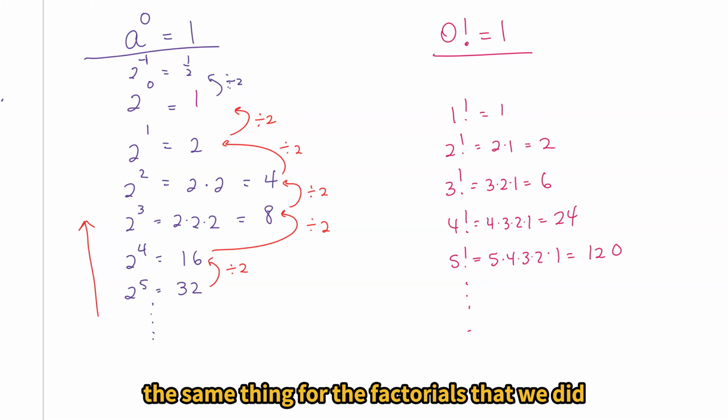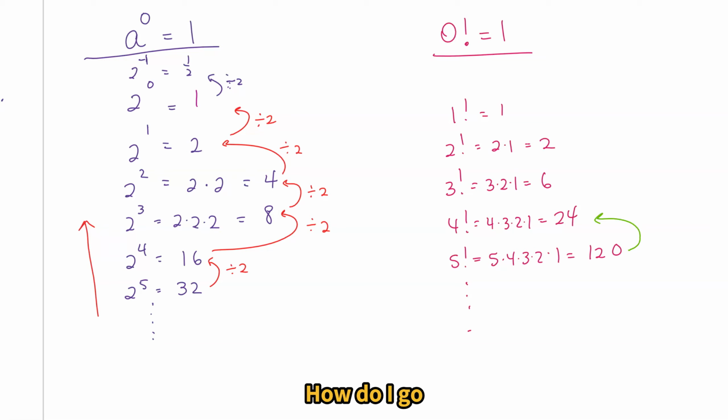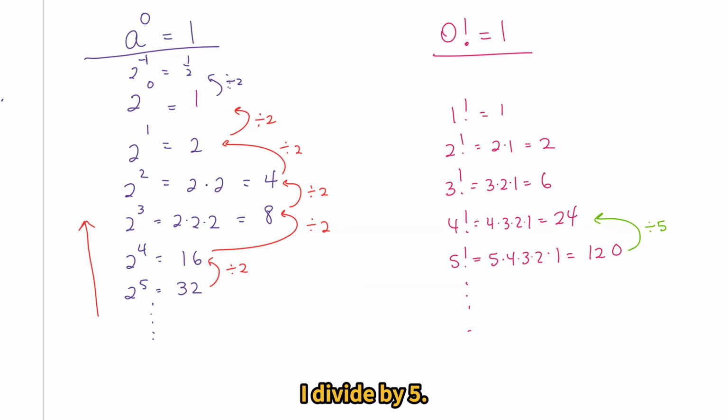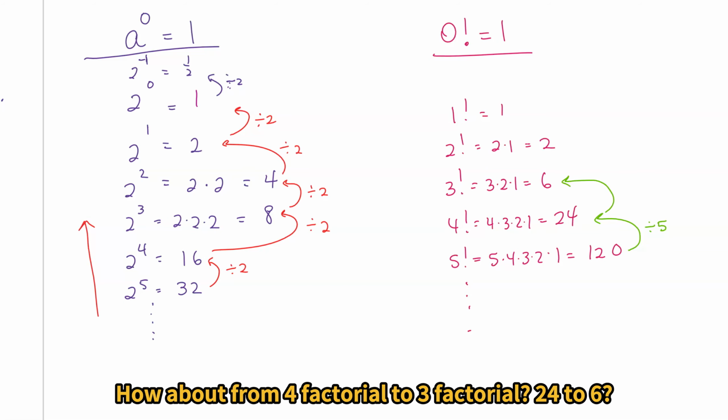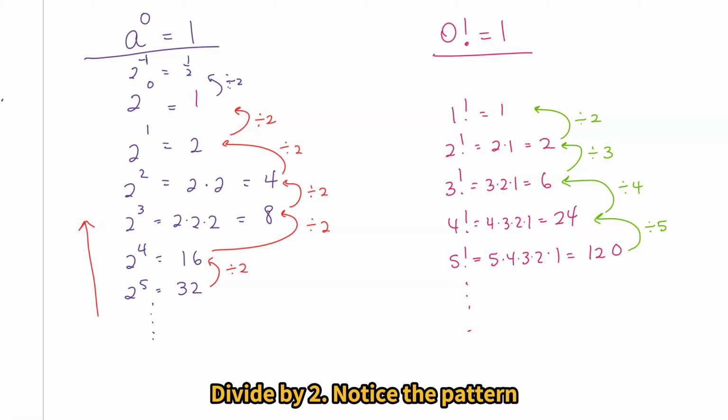But let's do the same thing for the factorials that we did for the exponents. Start with 5 factorial. How do I go from the 5 factorial number to the 4 factorial number? I divide by 5. How about from 4 factorial to 3 factorial? 24 to 6, I divide by 4. 6 to 2, divide by 3. 2 to 1, divide by 2.